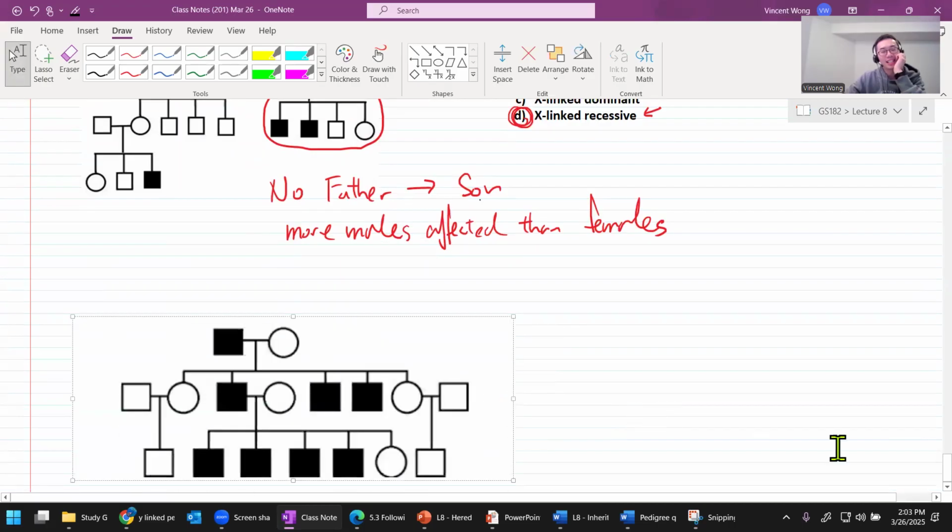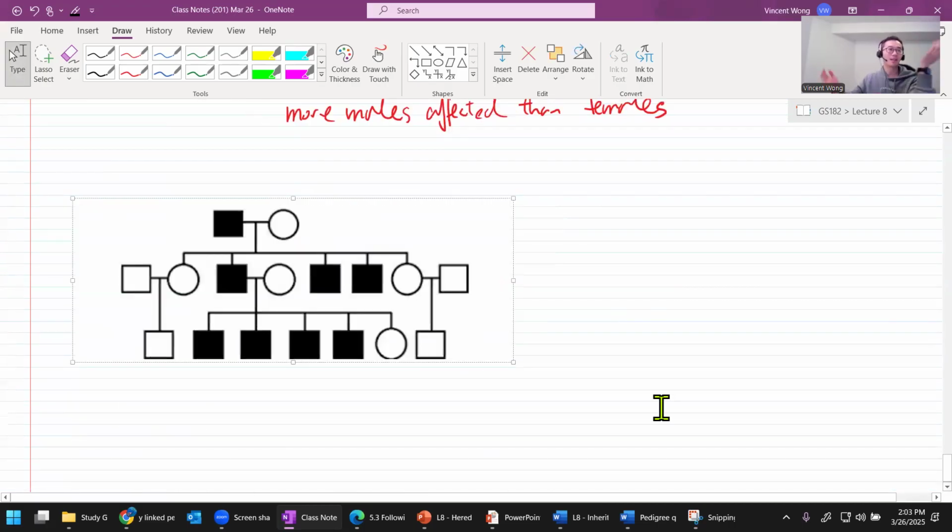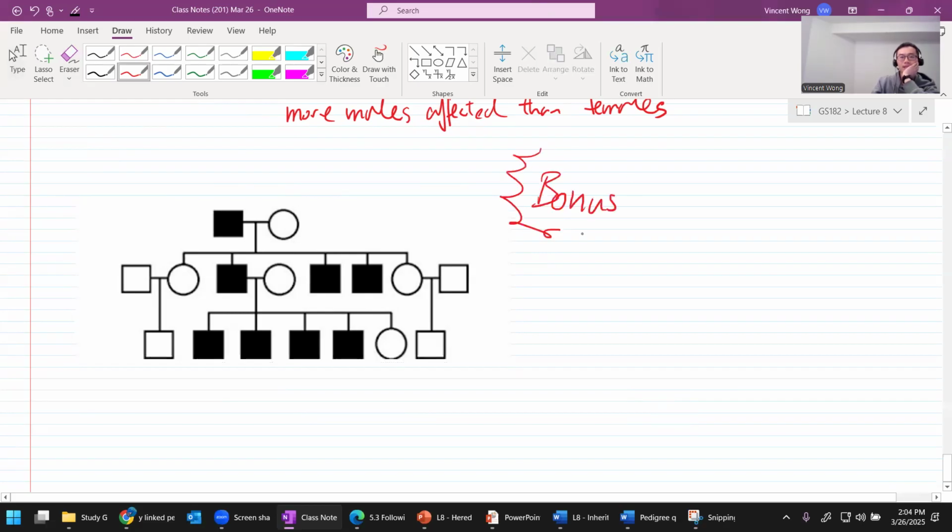This one is tricky. I mean, it can be tricky. It might not be tricky. I don't know. You tell me what's so fishy about this thing. Okay, let's call it a bonus question.